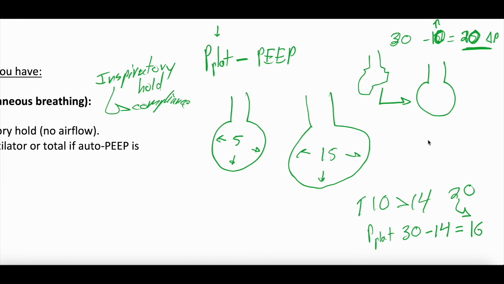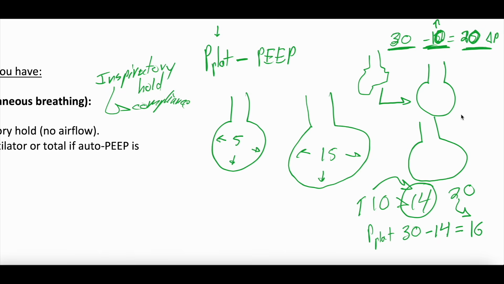But if we take the other scenario, right, we're going back to a plateau pressure of 30 and a PEEP of 10. And I think they're under-distended. So I increase that PEEP to 14, like I did. So the PEEP goes up, again, 10 to 14. But I was wrong. They were not under-distended. So now this alveolus is super over-distended at that PEEP of 14, and I check a plateau pressure.